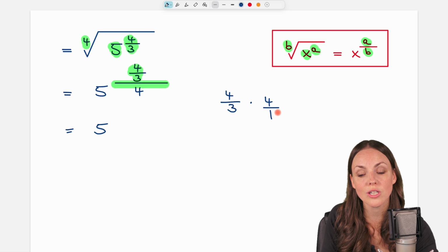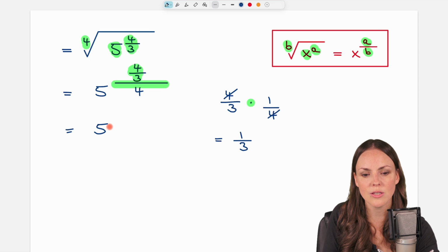So we have to switch these two numbers. We have the 1 here and the 4 down here. And now we can multiply. Before we multiply, we can cancel the 4 here and here. So the only thing that is left is the 1 here and the 3 down here, which means we have 5 to the power of, and this is our new exponent.